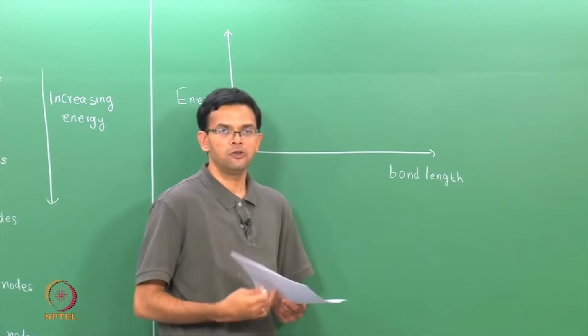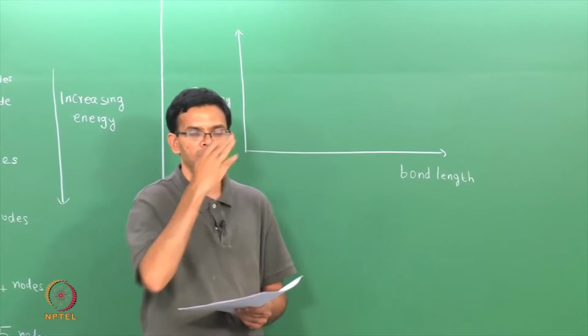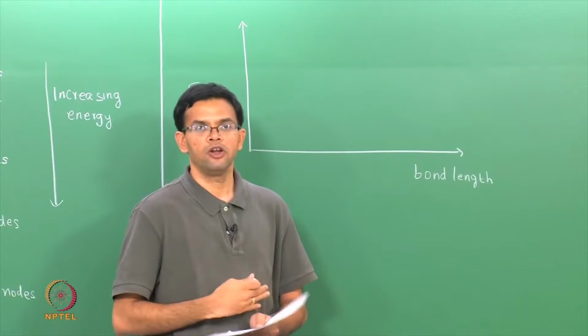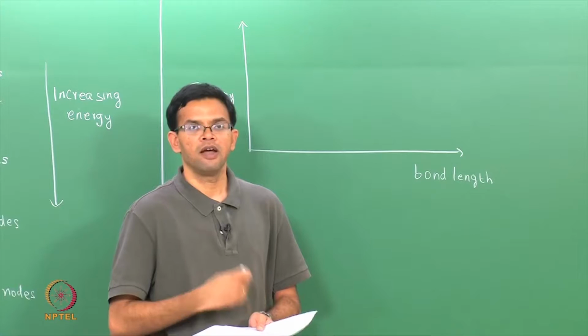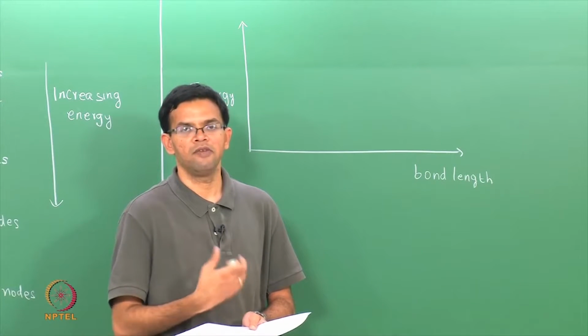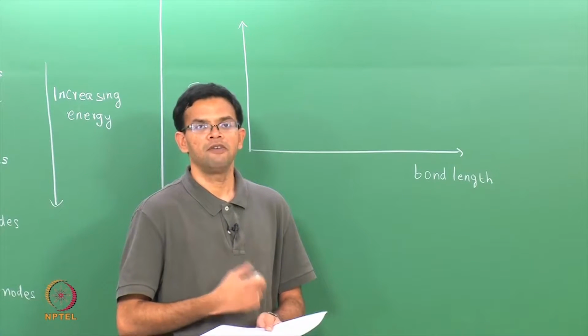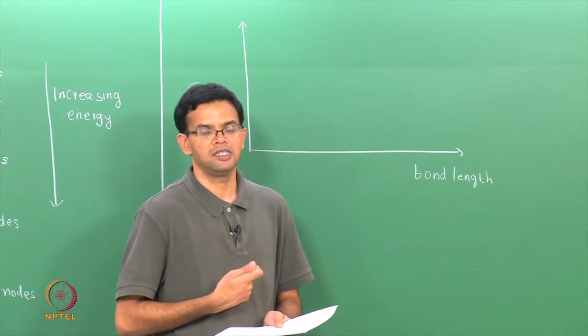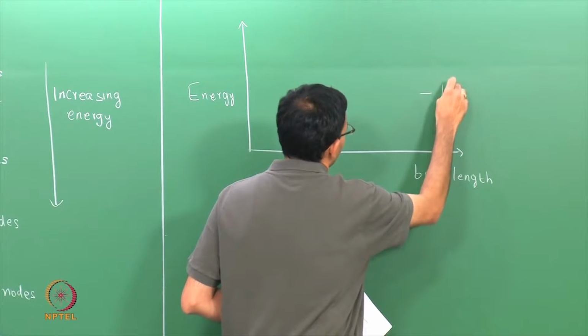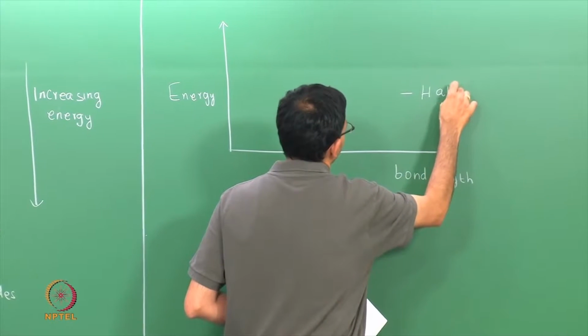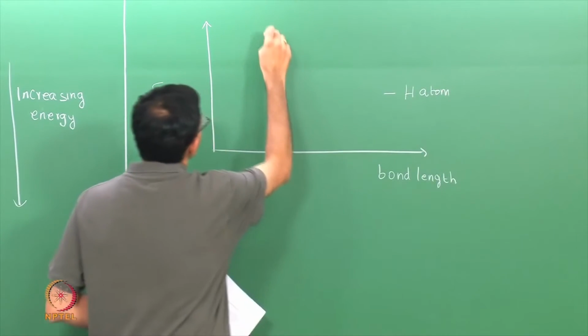If we had only 2 hydrogen atoms, you will have 2 curves, one corresponding to bonding, one corresponding to anti-bonding. If you have 3 hydrogen atoms, you will have 3 curves, and now we have 6 hydrogen atoms, we will essentially have 6 curves. So, at infinity you have the energy level corresponding to the hydrogen atom.